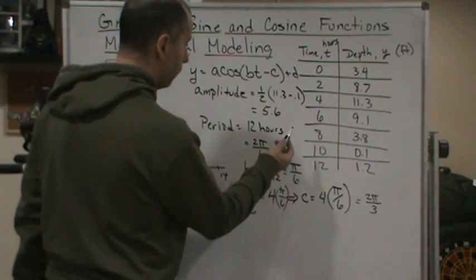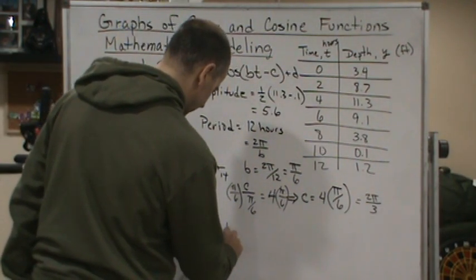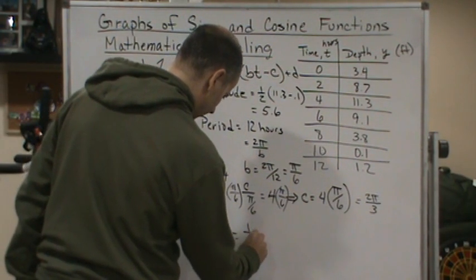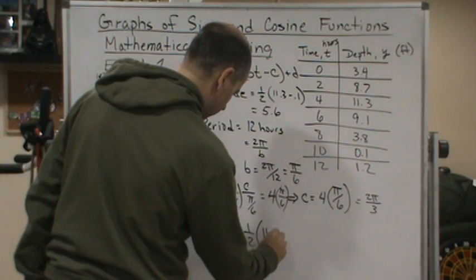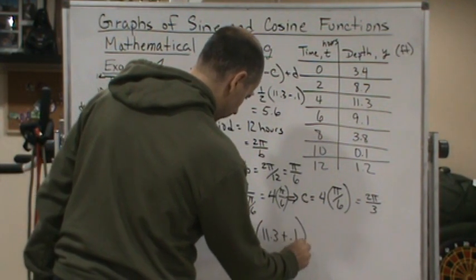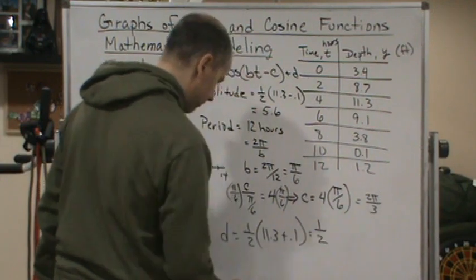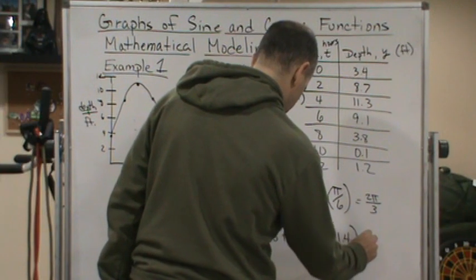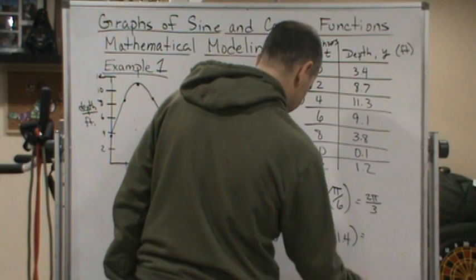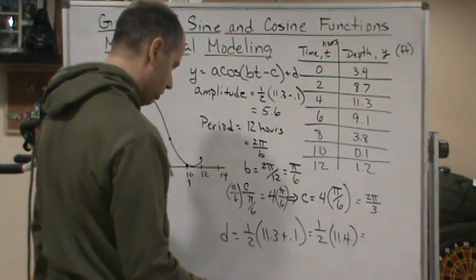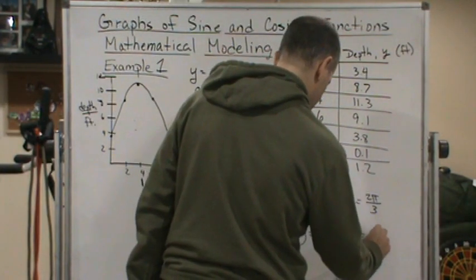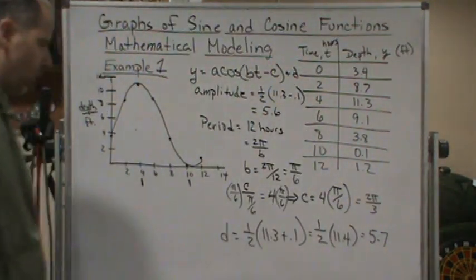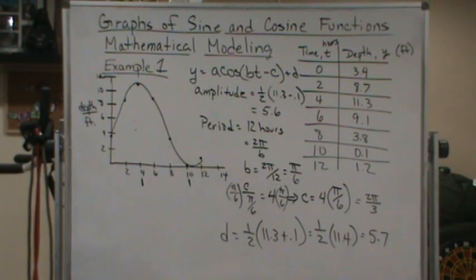The maximum value is 11.3, so D is going to be 1/2 times 11.3 plus 0.1, which equals 1/2 of 11.4, which equals 5.7. So guess what? This is going to oscillate around the y equals 5.7 line.